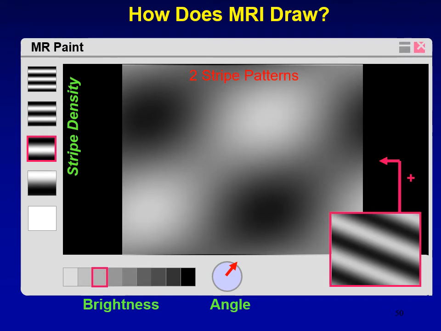So after 2 additions of data globally to the entire image, this is what the MR image would look like at this point of the reconstruction.